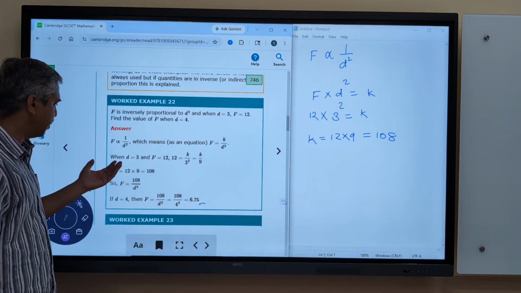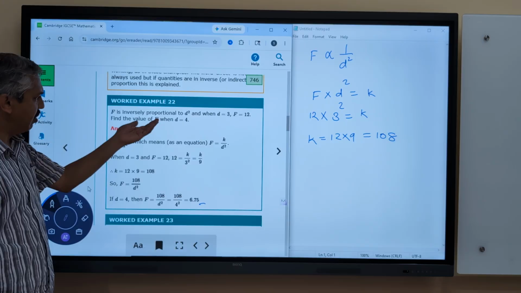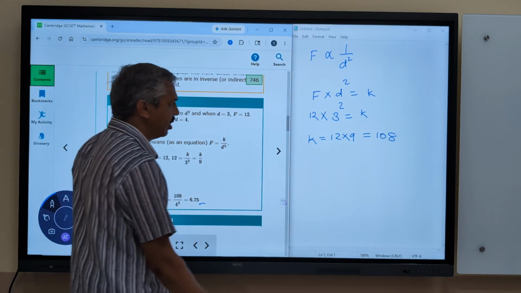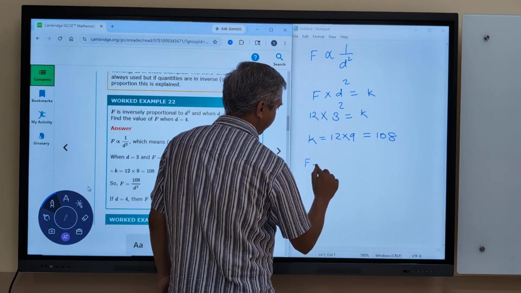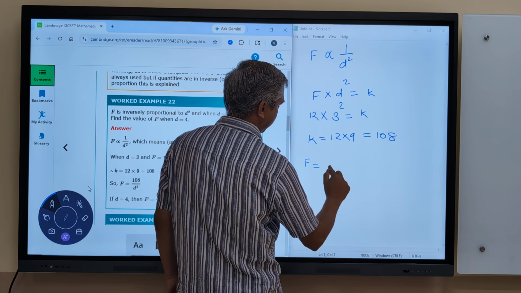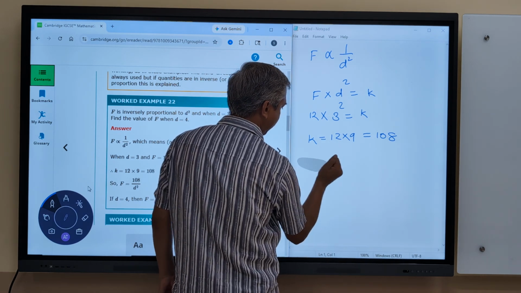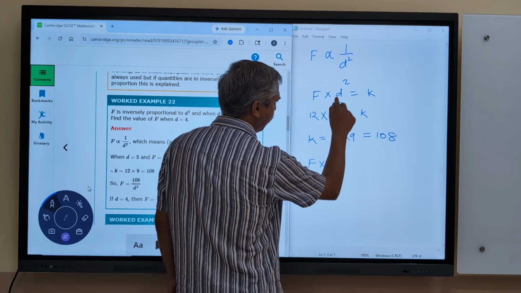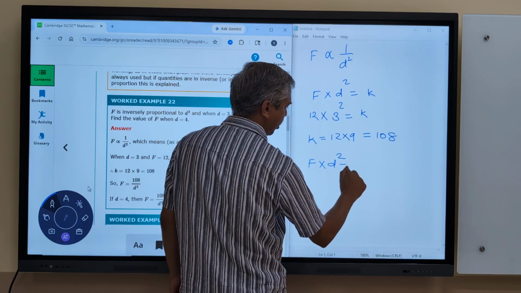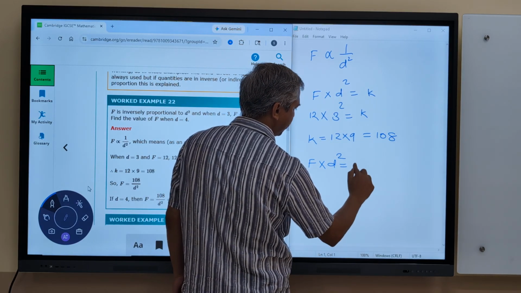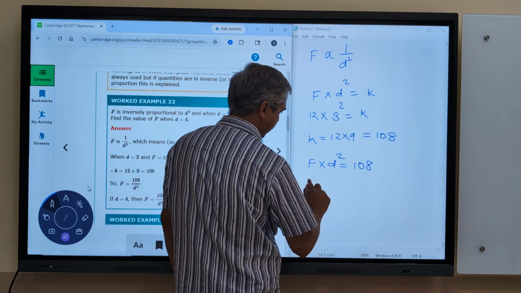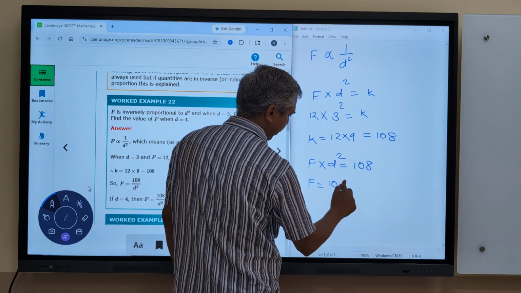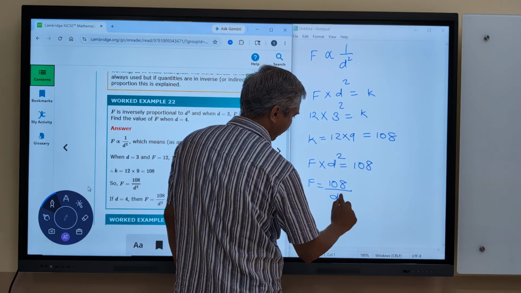Now we will see the next question: find the value of f when d is equal to 4. So f into d square is equal to k. The value of k is 108. So f is equal to 108 upon d square.